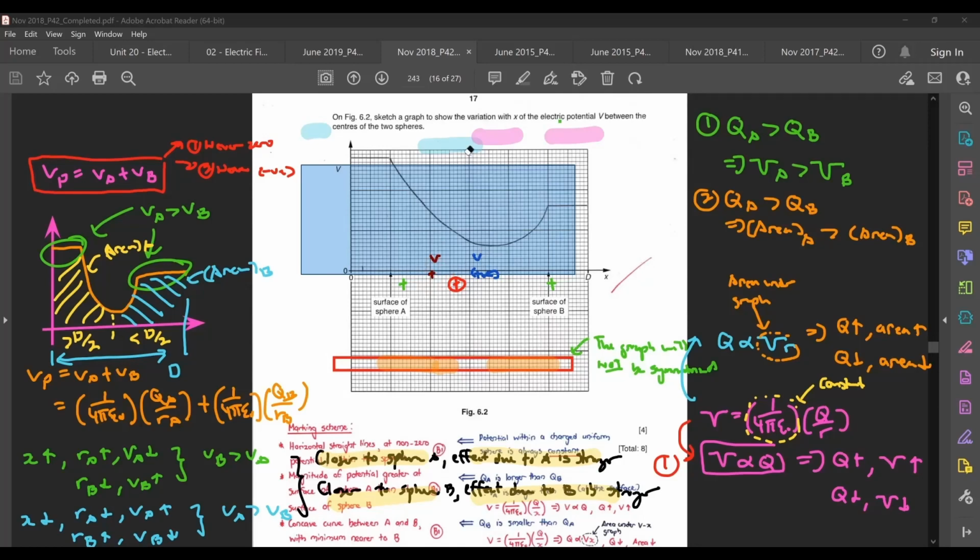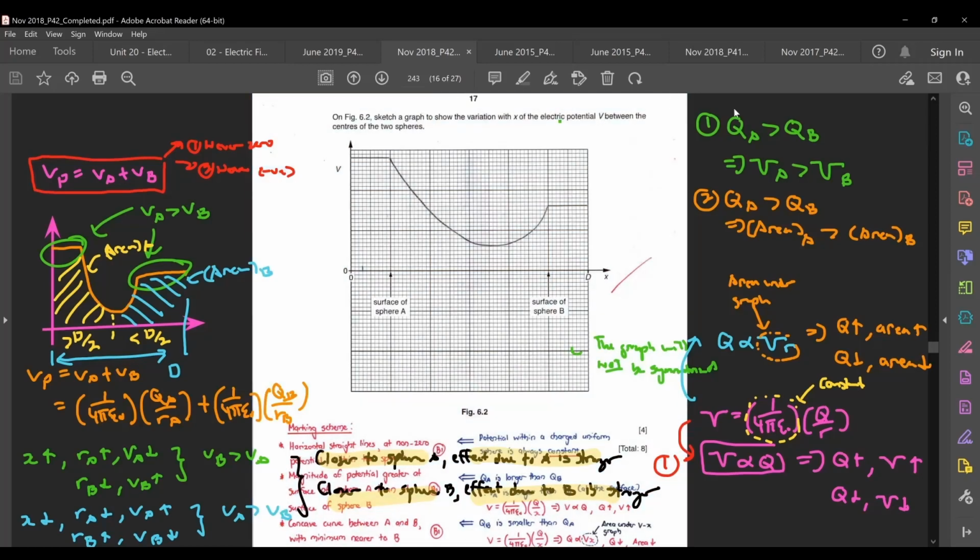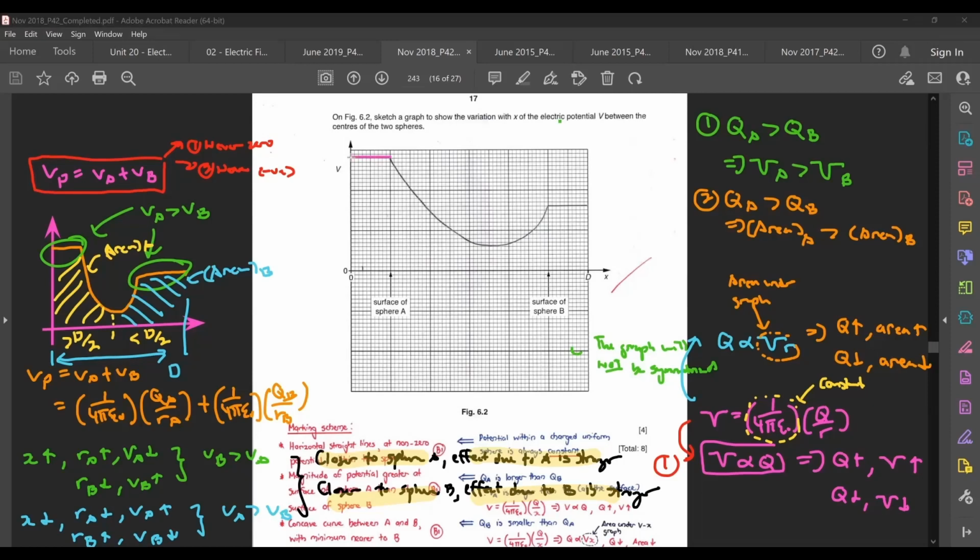Okay, so let me just erase everything out and draw for you the proper line. Okay, so you first need to draw a line of constant potential for both spheres, but you need to make sure the first one is higher than the other, mainly due to the fact that the charge of A is larger than the charge of B. Okay, then after that, when you want to draw your minimum point, just make sure it's skewed more towards the right hand side.